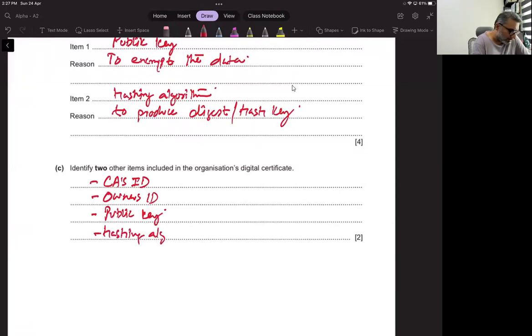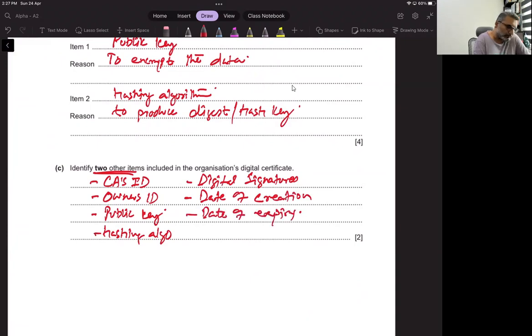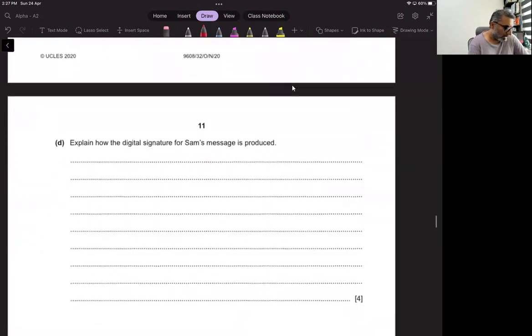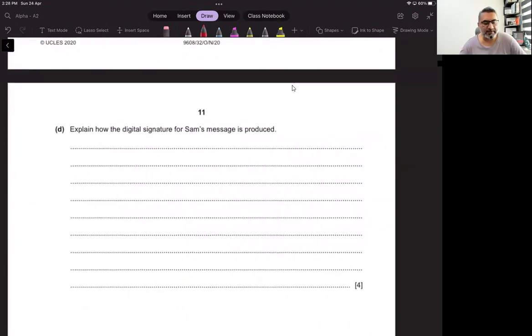But since they say two other items, digital signatures, date of creation, date of expiry. That's it.